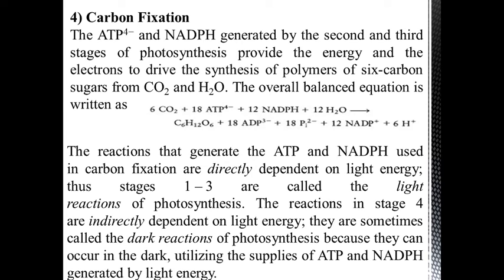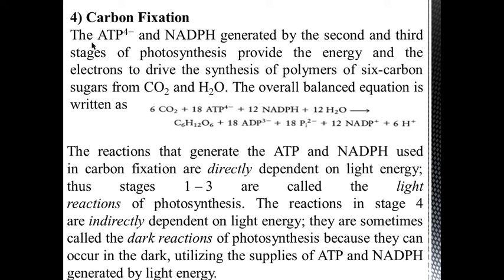The first part is known as the light dependent phase, and the second part is known as the light independent phase. What happens in the light dependent phase? In a single sentence, synthesis of ATPs. And what happens in the second phase, the light independent phase? In a single sentence, atmospheric carbon dioxide is converted into carbohydrates.